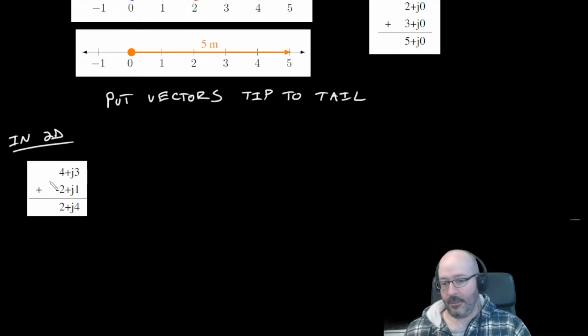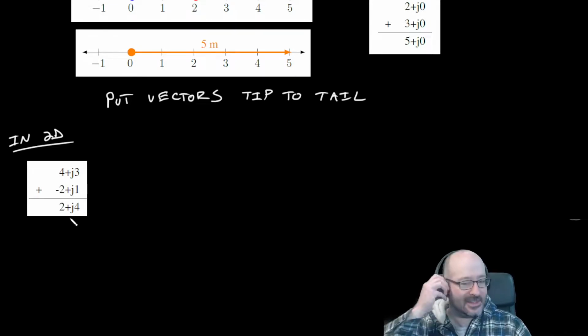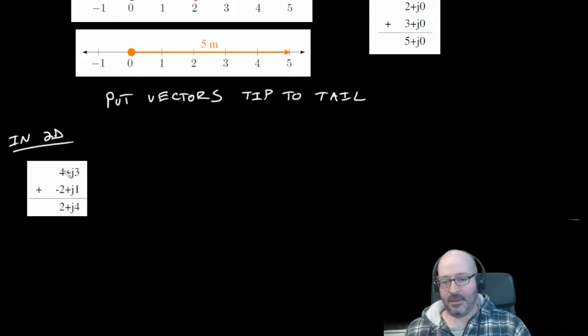So separate numbers. 4 plus J3 plus -2 plus J1. We can line these up, and this is why it's easy to do in rectangular, because we just say 4 plus -2, well, that's 2. And we say 3 plus 1 is 4, so 4. So we get 2 plus J4.